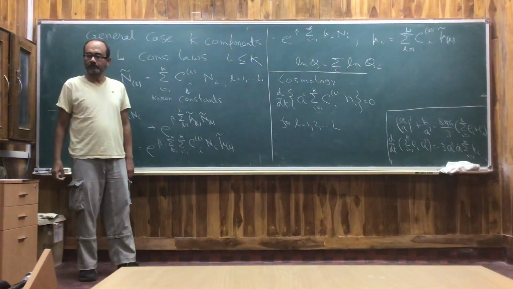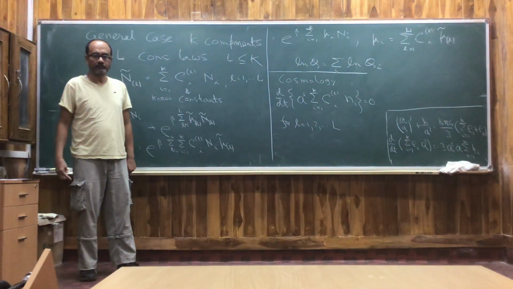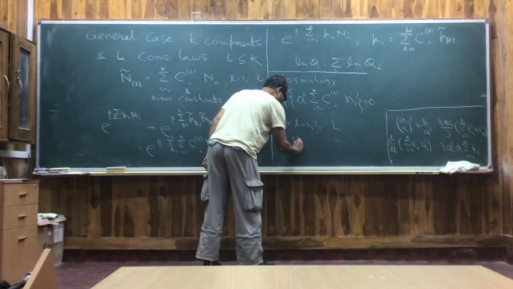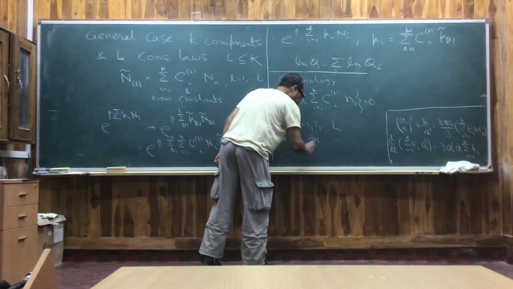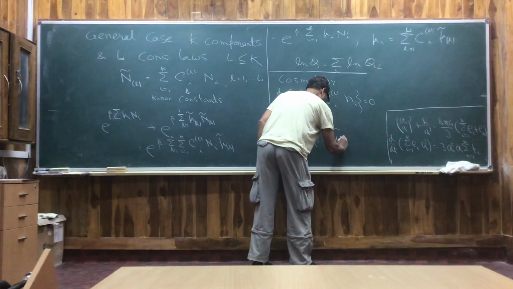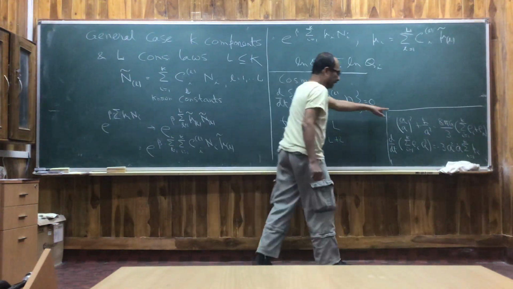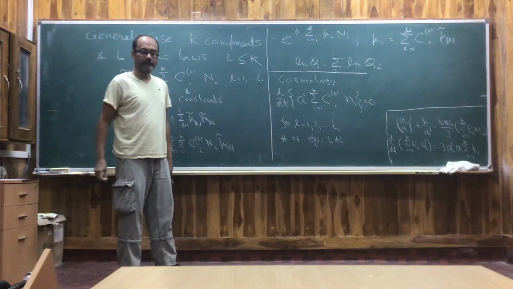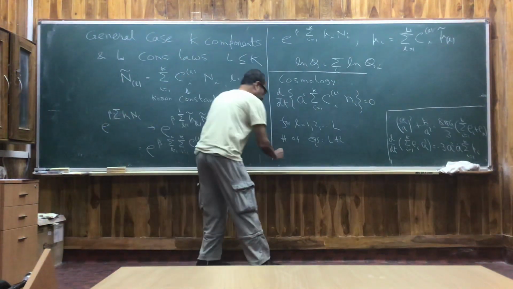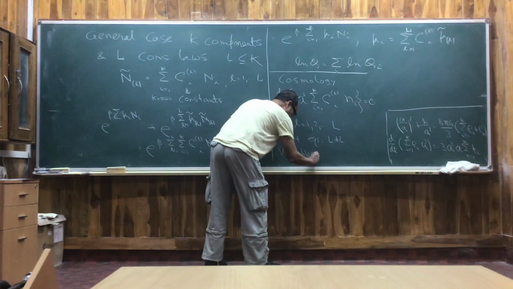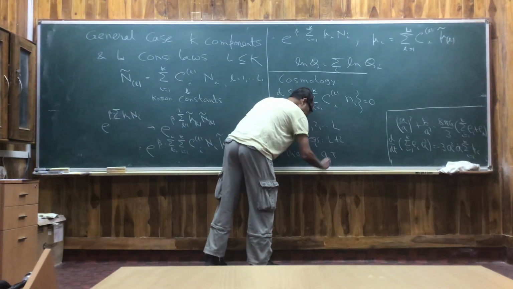So the number of equations is L plus 2. These L conservation laws are these two. Variables are a, T. T is of course common because you are assuming thermal equilibrium.